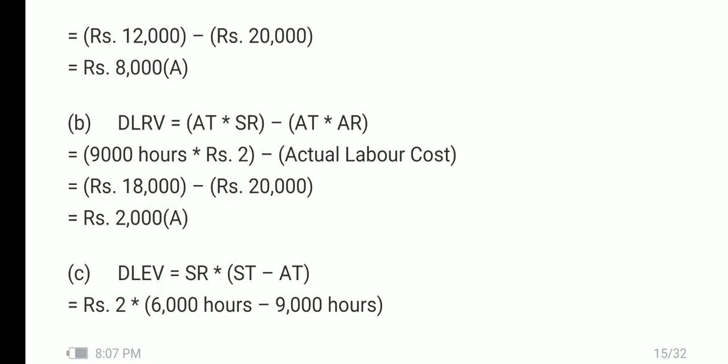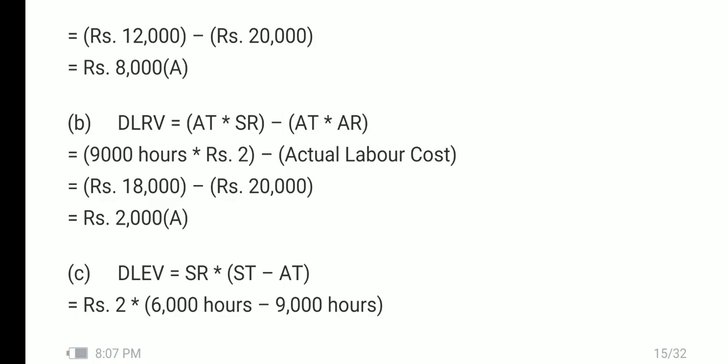AT is actual time taken, no doubt 9,000 hours. Actual rate per hour is not given, but we are given the actual labor cost as rupees 20,000. Therefore, we can directly consider it. So, rupees 18,000 is AT into SR, that is 9,000 hours actual time into rupees 2, 18,000, minus actual labor cost 20,000 will give us rupees 2,000 adverse. So, labor rate variance is 2,000 adverse.